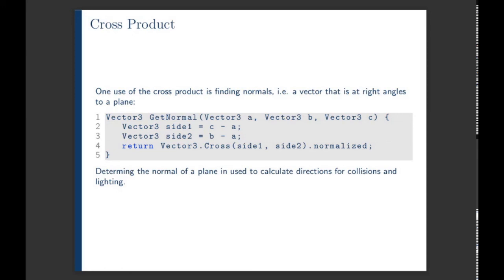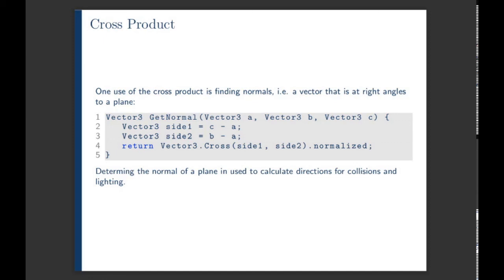And then we're looking at the vector that goes from A to C, and the vector that goes from A to B. So A is a common origin, and side 1 and side 2 are these two vectors coming out of that point A. So what we're defining there is a plane which goes through that point A and runs along those two sides.